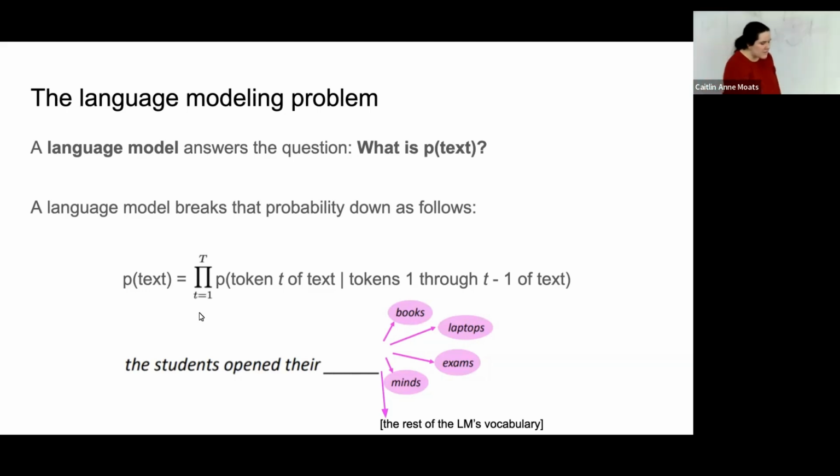So basically, if you want to write that in formal mathematical notation, it's the probability of token t of the text given tokens 1 through t-1 of the text, for the full length of the text.